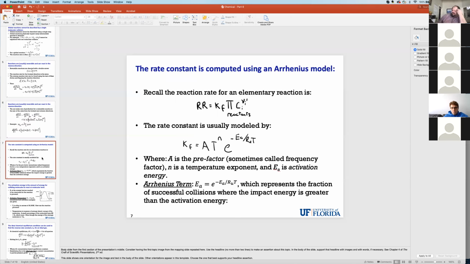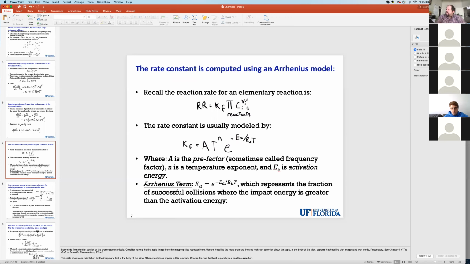Now, what about this Kf? How do we find that? For gas phase chemical reactions, it's often computed using an Arrhenius model. And recall that the reaction rate for an elementary reaction is given by some rate constant multiplied by the product of all the concentrations raised to the stoichiometric coefficients.